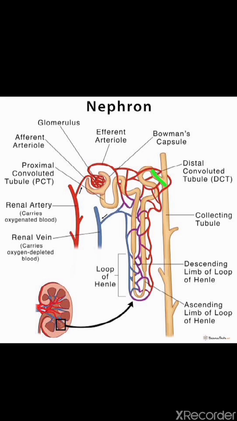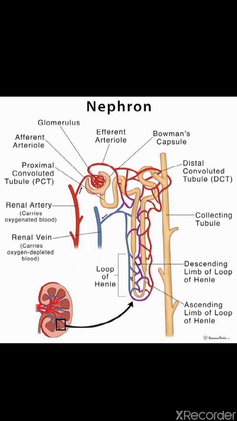Collecting tubules of many nephrons open into a large collecting duct, which passes downwards from cortex to the medulla region. It is lined by cuboidal epithelial cells. The collecting duct receives the contents of many kidney tubules and pours it as urine in the pelvis of the kidney.